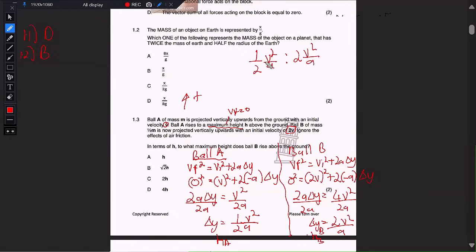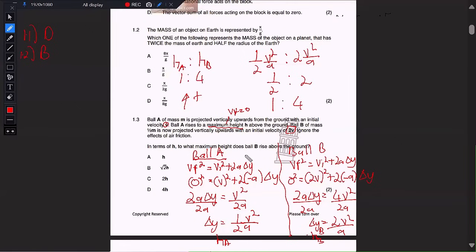Obviously, we'll do away with the v squared over a, because they are the same on both sides. And then if I divide both sides by half, this would be 1:4, right? So that means the height of ball A to the height of ball B is actually 1:4.